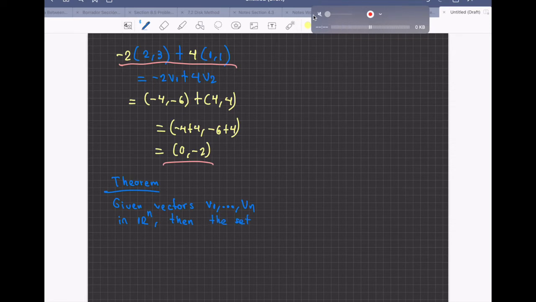By the way, these two numbers m and n might not be the same.